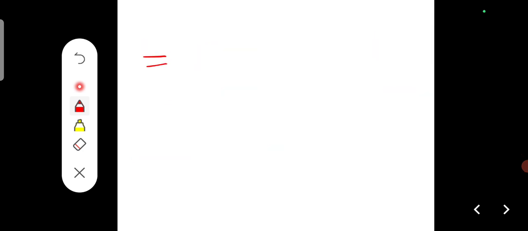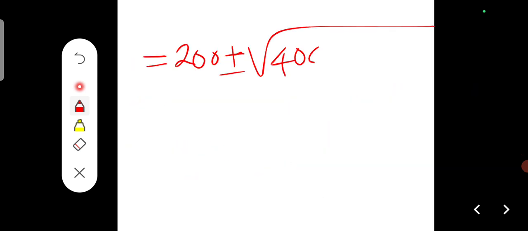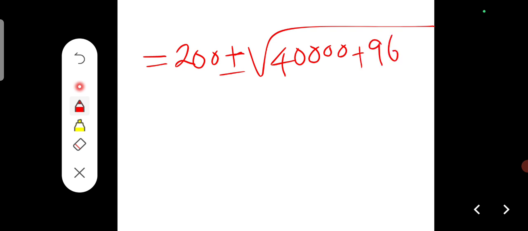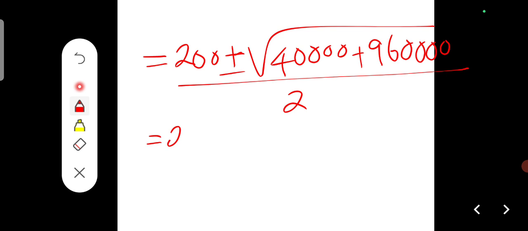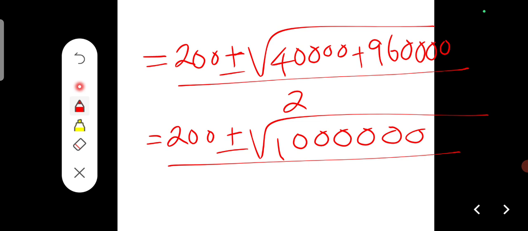Then further we are solving: 200 plus or minus square root of 200 square, 40,000, minus into minus plus 4 into 240,000, 960,000, by 2. So when you add you will be getting 1 million, right, by 2.